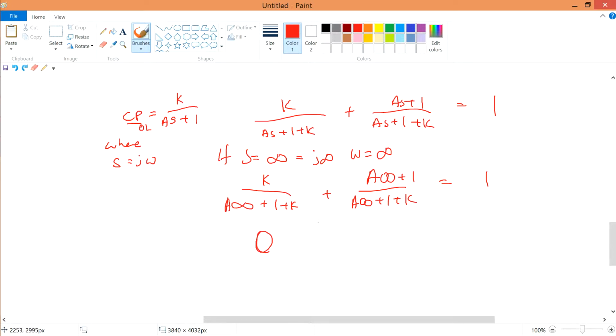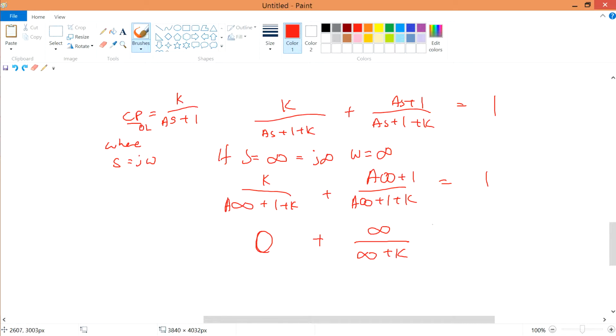This is simply plus 1, I'm just rewriting. And therefore, if you cancel, infinity plus 1 is the same as infinity. So in this case, I can just say that it's infinity over infinity plus k. I'm just simply rewriting this as infinity, because infinity is some arbitrary, super big number.